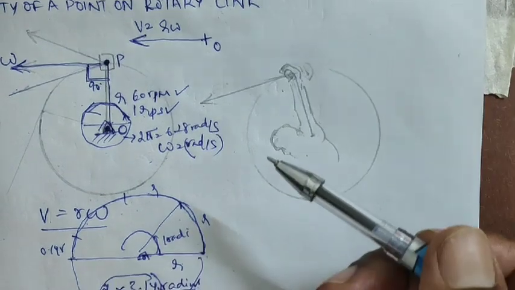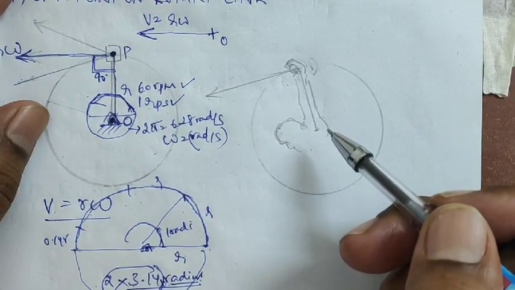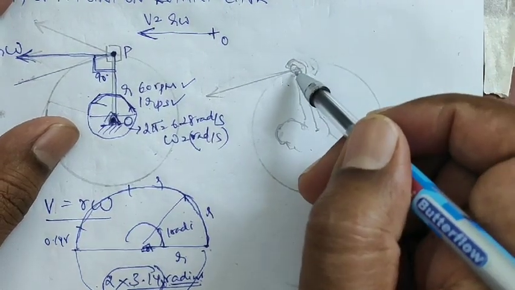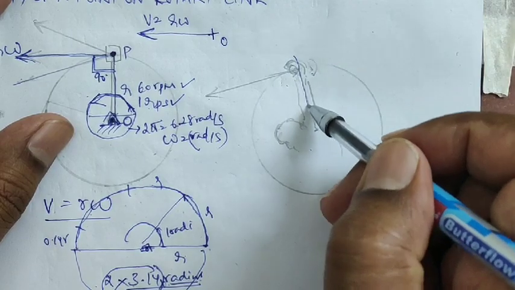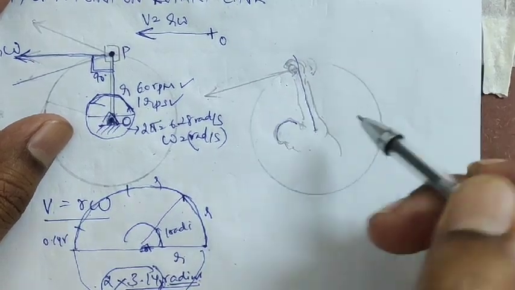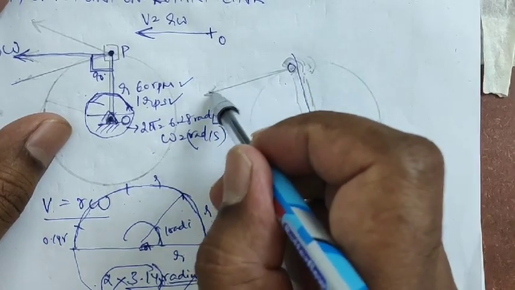So I can give a better example. We all love cricket, and you know that when a bowler bowls a ball, when he is about to deliver the ball from his hand, the ball would move perpendicular to his arm. This is the arm, this is the head of the bowler, and he is just about to deliver this ball, and the ball moves perpendicular to his arm.